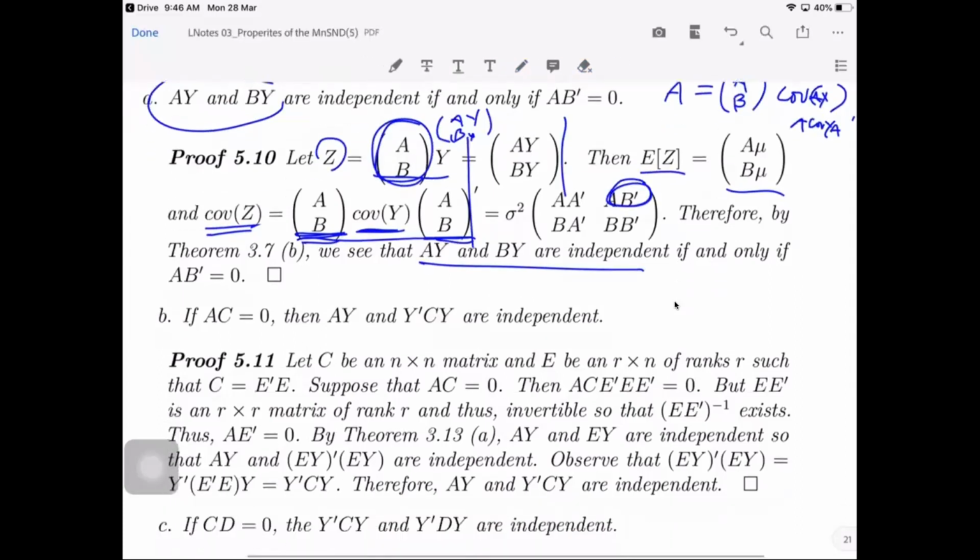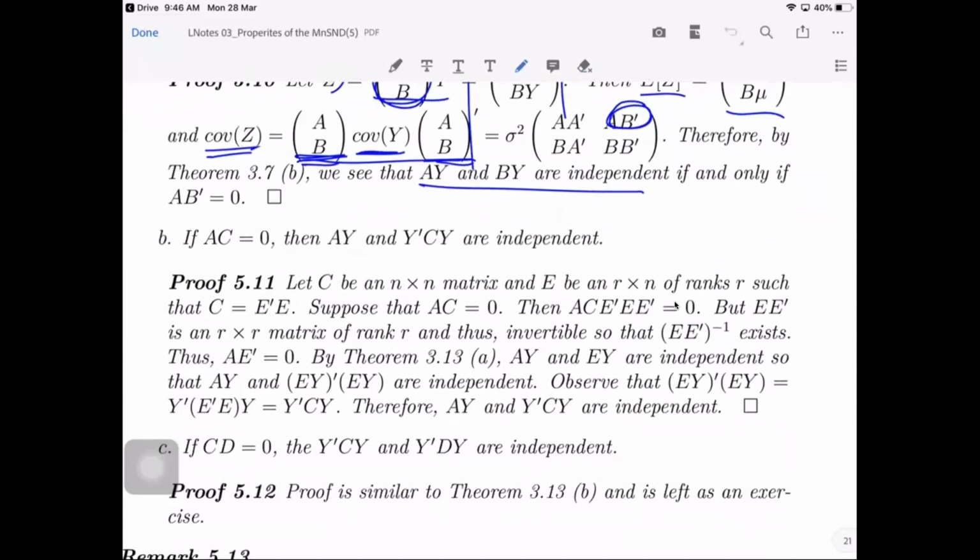Another extension also: if AC is 0, so if you have two estimators, one is AY and the other one is Y prime CY, so this is quadratic in form.